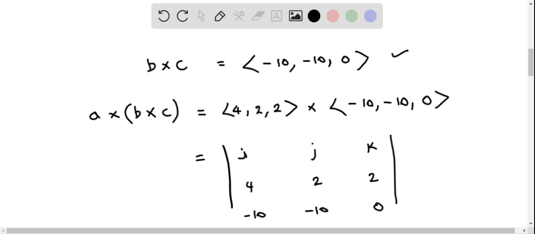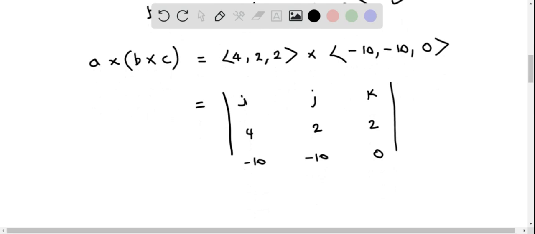So let's expand along the first row. I'm going to leave the first row and the first column. So then I will get 2, 2, negative 10, 0 multiplied with i minus. I'm going to leave the column represented by j vector and the corresponding row.